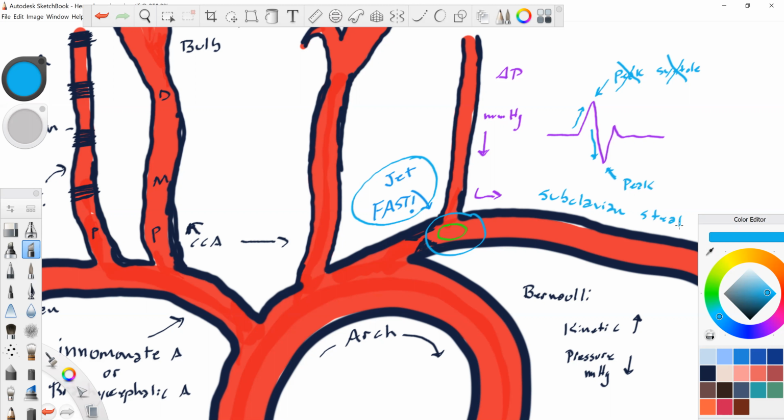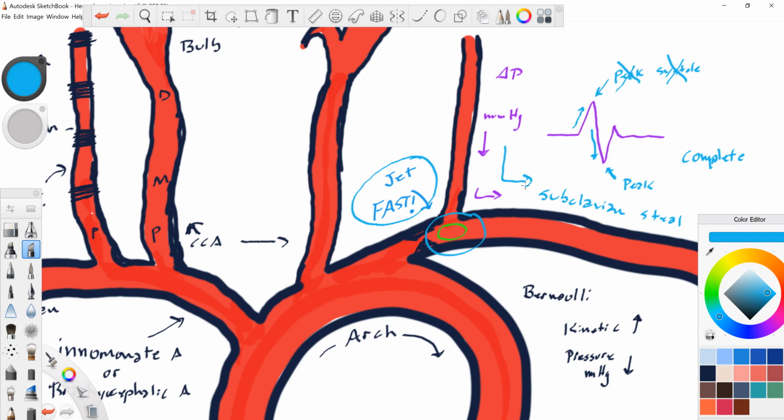A complete steal is just simply reversal of flow. There is no Bernoulli, it's just simply the flow is reversed. It goes down and across out to the arm.